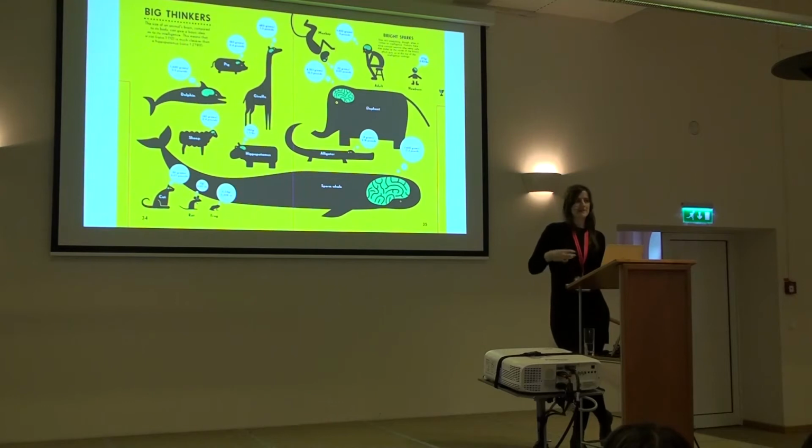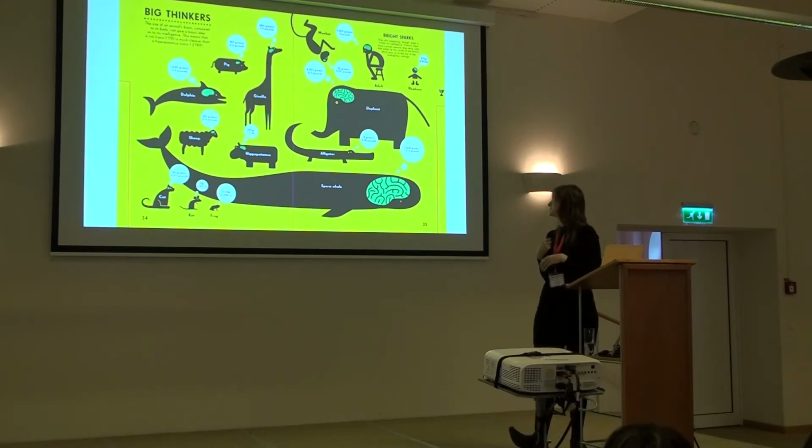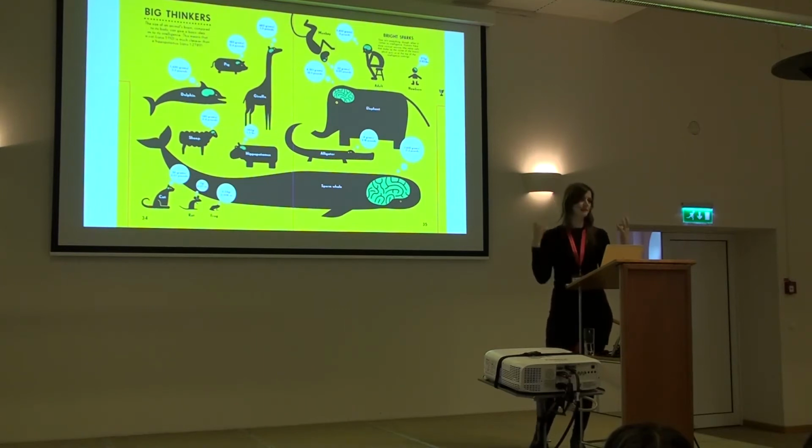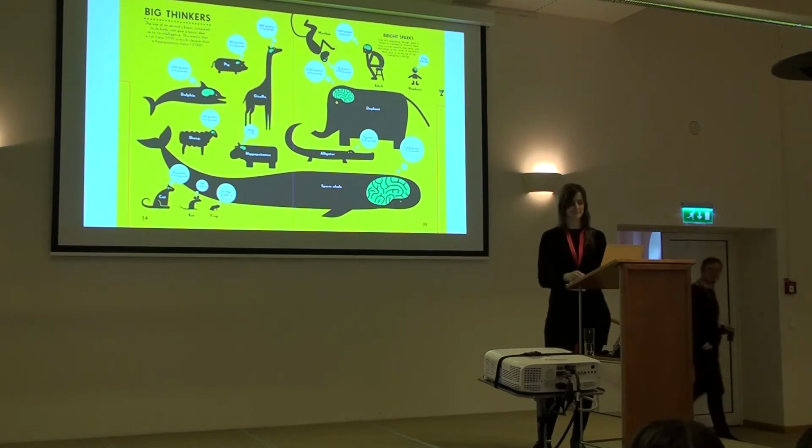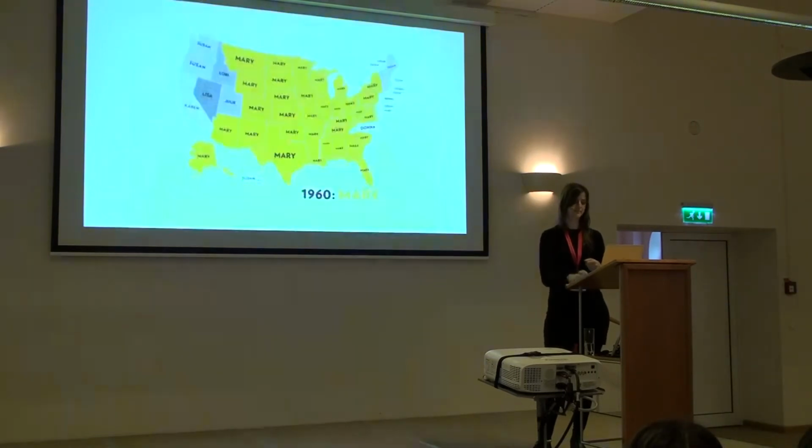There are so many cool examples on the internet. This one I just pulled off the internet. It shows how big animals' brains are comparatively to their body size. As you see, you don't even have to look at the numbers to get a sense of what's going on here, even though this is based on data that shows brain size.